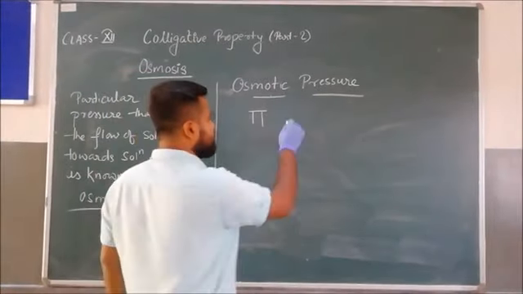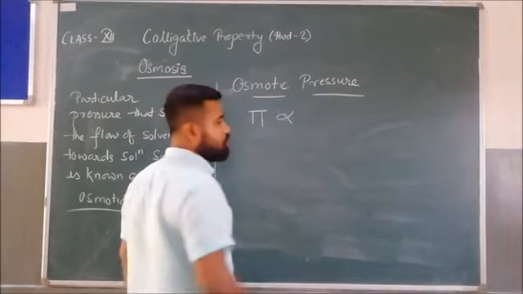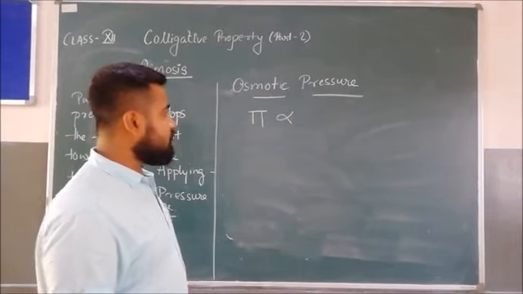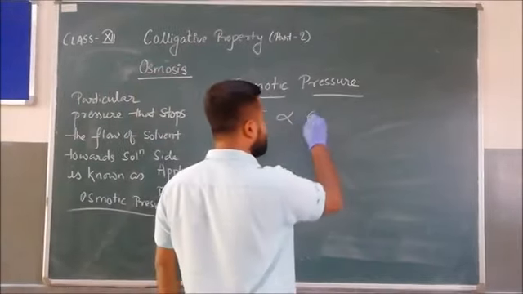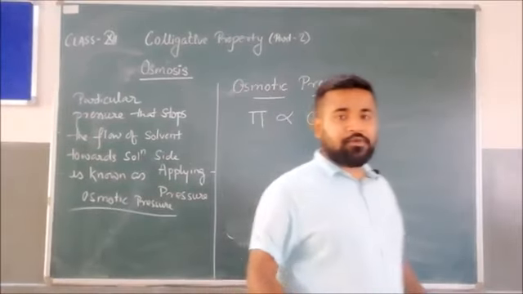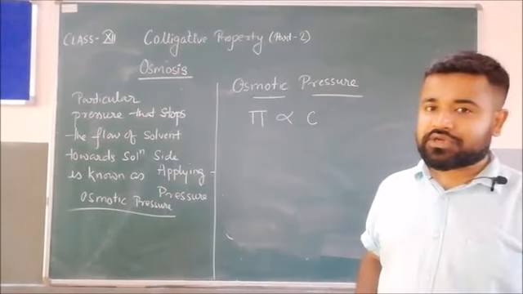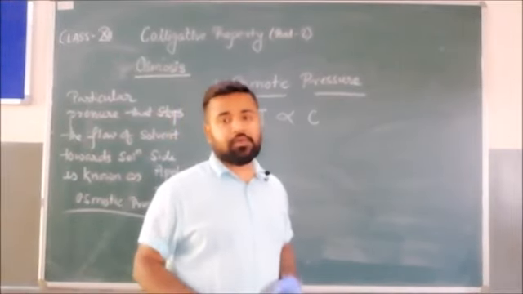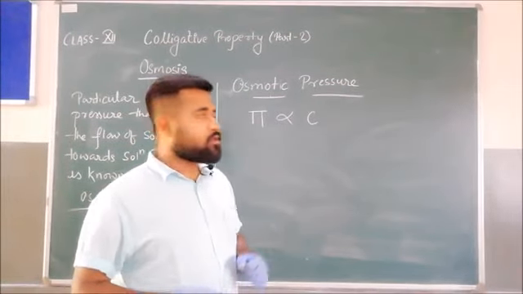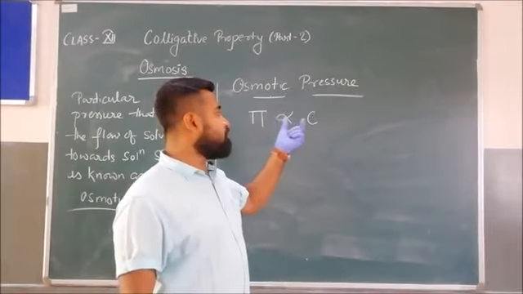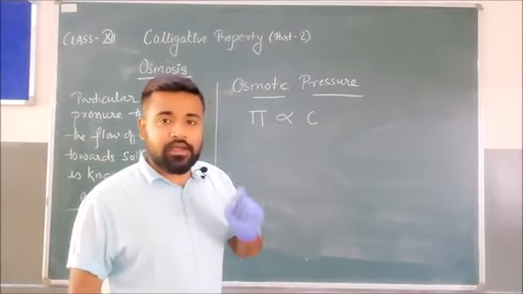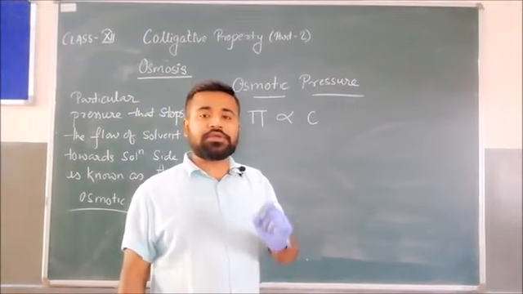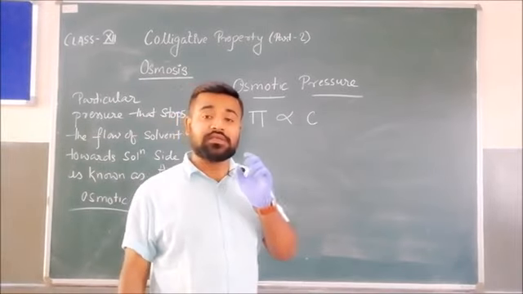So osmotic pressure is directly proportional to molar concentration. Molar concentration means the number of moles of solute per volume of the solution in liters. The osmotic pressure depends upon the molar concentration of the solute present in the solution.